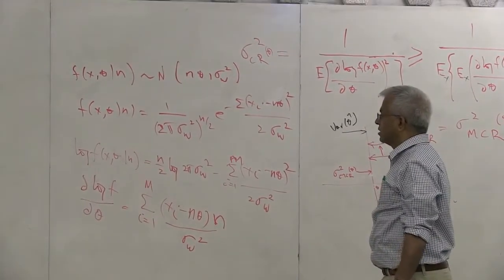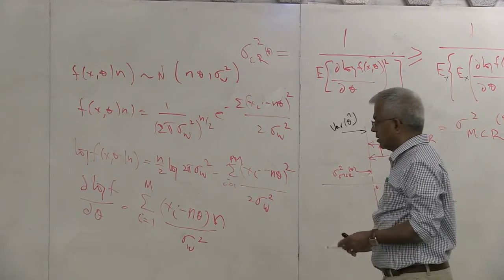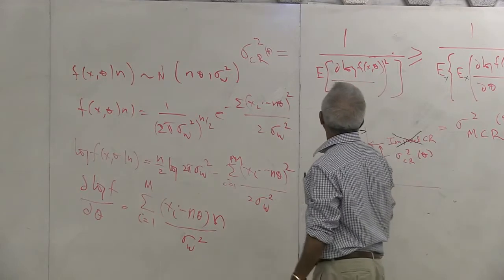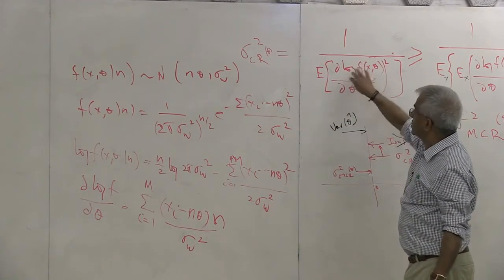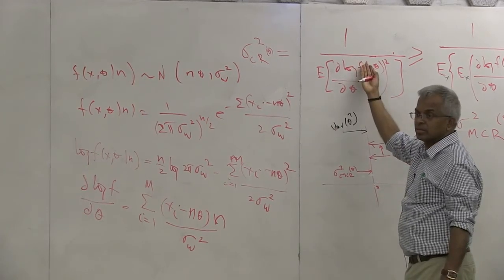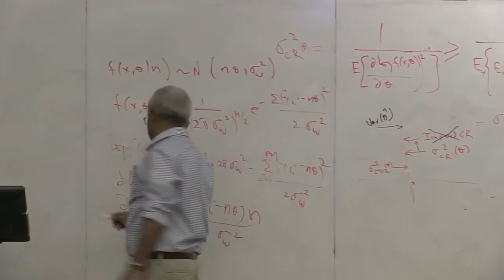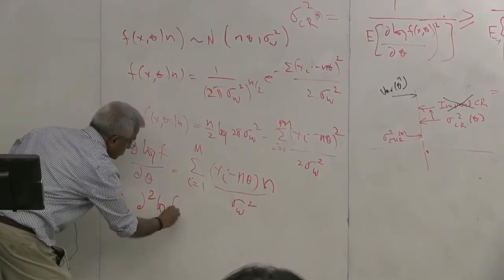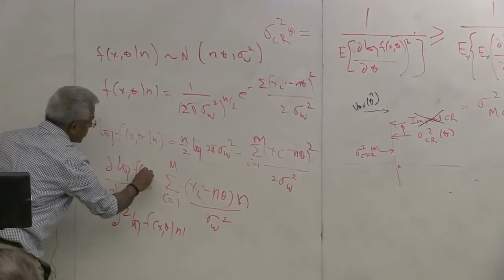Now, you know that the squaring is the same as taking the second derivative with a minus sign, right? So that will be easier. So the second derivative, remember this is all given n.